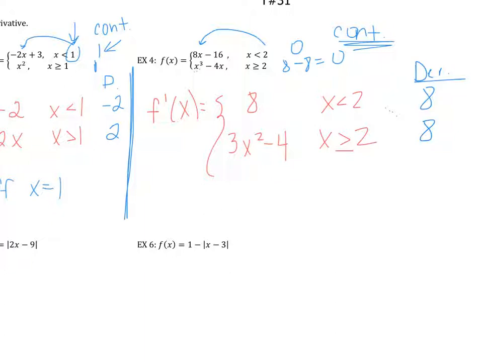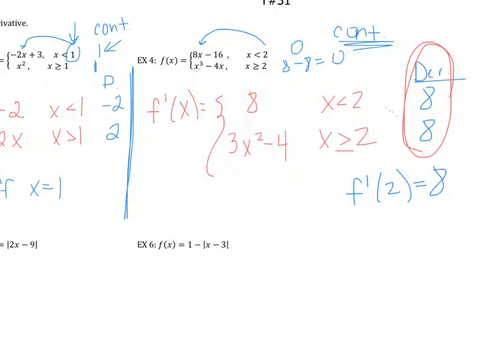So I'm going to put it on that bottom one, but technically it does not matter. I just want to point out, not that you have to write this, again, my answer is that in red, but I want you to be clear that the derivative at 2 is equal to 8. The left and right derivatives are the same, and so that function is differentiable at all places.